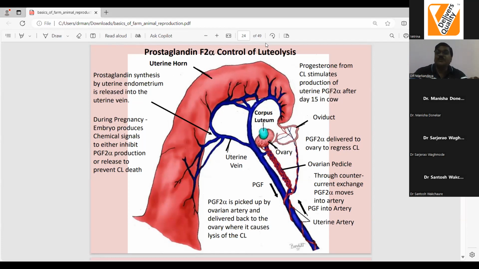Had there been no prostaglandins, the ovarian corpus luteum would never have recognized the availability or non-availability of pregnancy in the uterus. In this mechanism, local hormones, prostaglandins, play a more important role.